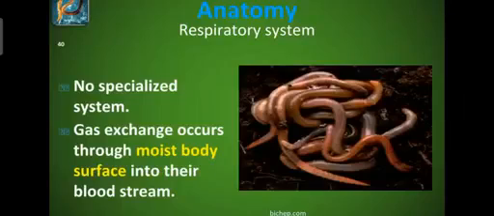Then the next system, that is the respiratory system. Here you will not find any specialized respiratory system. Then how is respiration occurring? You must be thinking. Here the gas exchange occurs through the moist body surface. If you see the earthworm, you must have observed the body is always moist in nature.